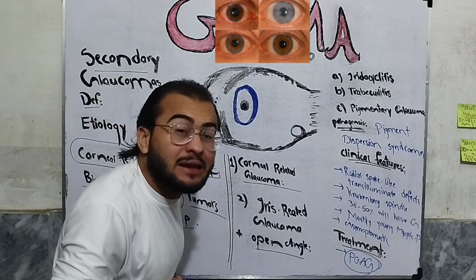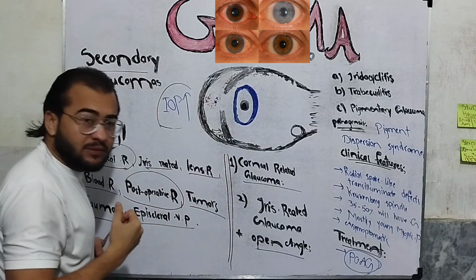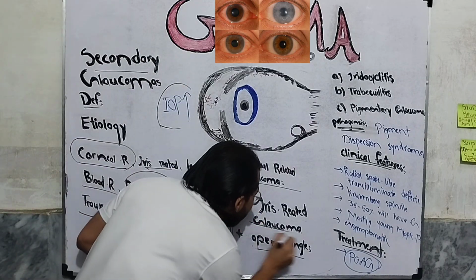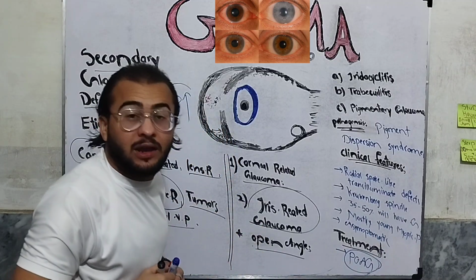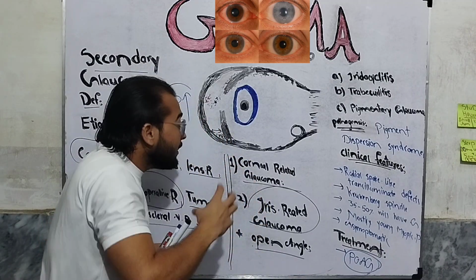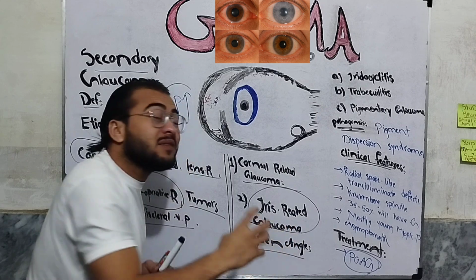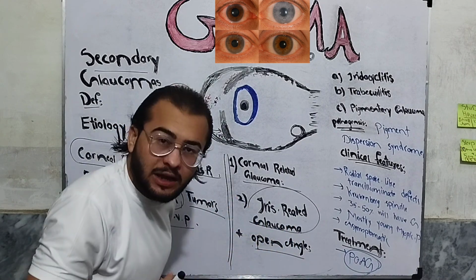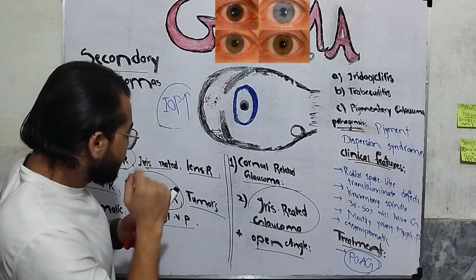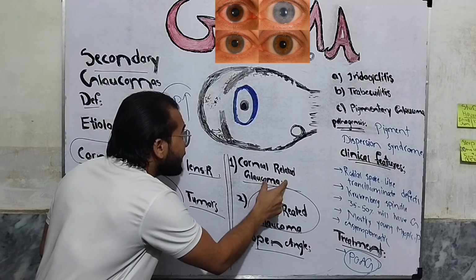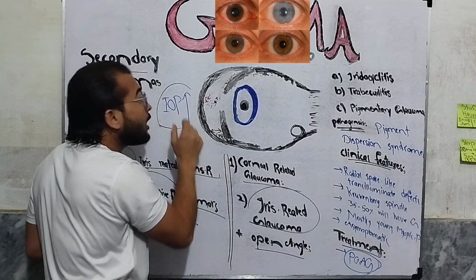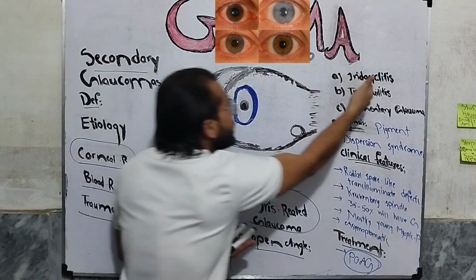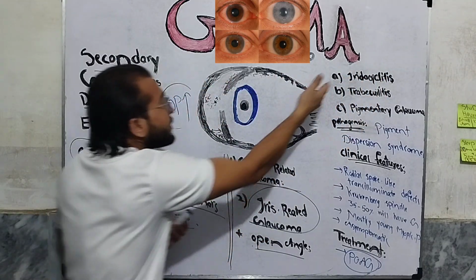Now we have the iris-related secondary glaucomas. Remember, the iris-related secondary glaucomas can be open-angle and closed-angle. First we should understand the open-angle secondary glaucomas related to the iris. As in the corneal-related glaucomas, which induce iridocyclitis and elevate the IOP, the iridocyclitis is the same.